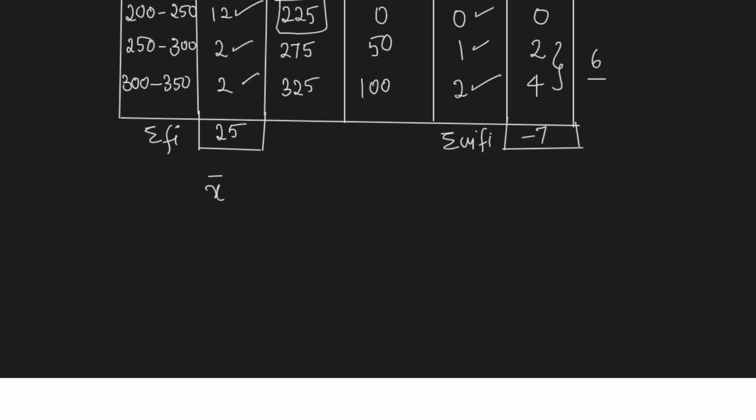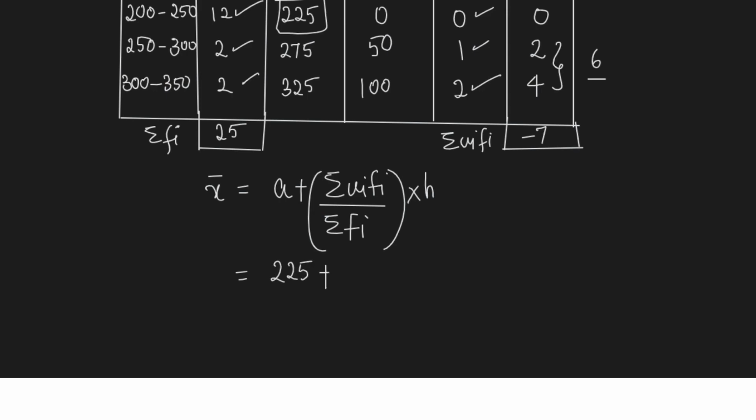Now it's time to apply the formula, where x bar is equal to a plus sigma uifi divided by sigma fi, and this whole thing multiplied by h. Here a is 225. So we'll substitute the value: 225 plus sigma uifi, which is negative 7, by sigma fi, which is 25, multiplied by the length of the class interval, which is 50 in this question.